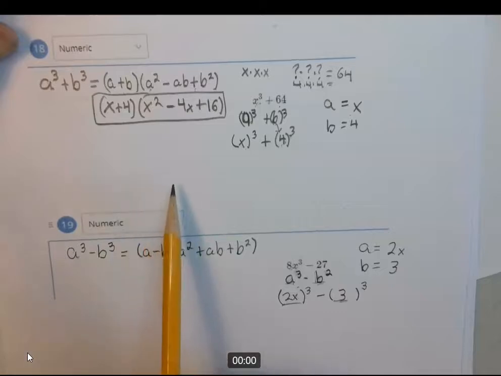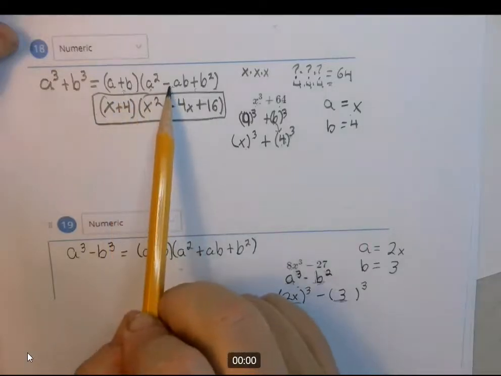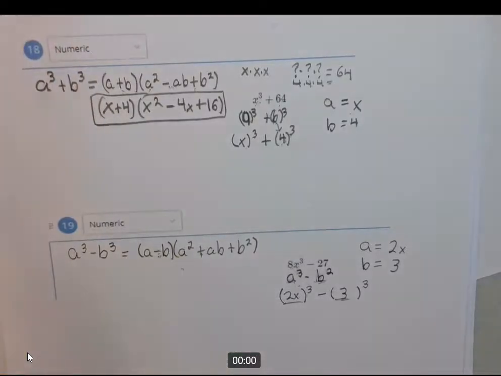The only thing that's different is this minus sign and plus sign right here. It's switched places. Up here it's a plus b, and then you find a minus sign there. Down here it's a minus b, and then you find a plus sign there. Otherwise, the two equations look identical to each other, okay? Again, don't worry about memorizing these. But now we're ready to just plug in numbers.